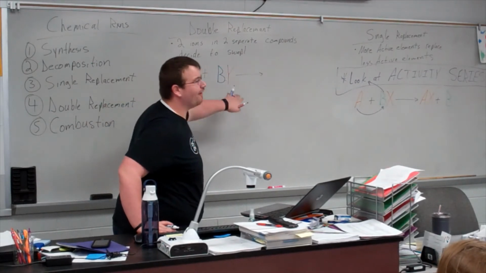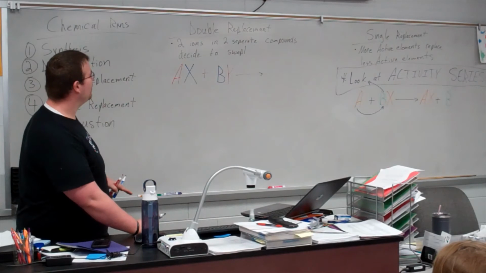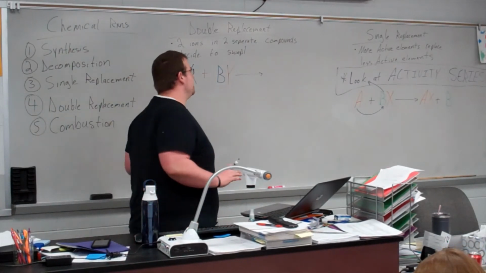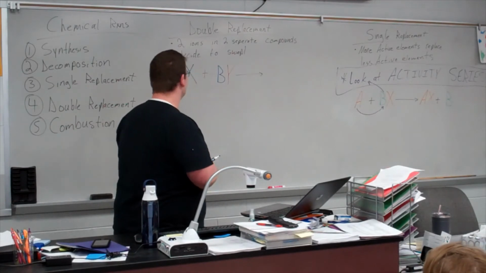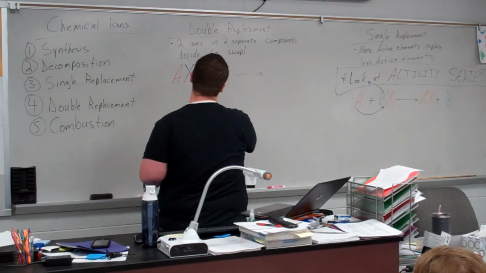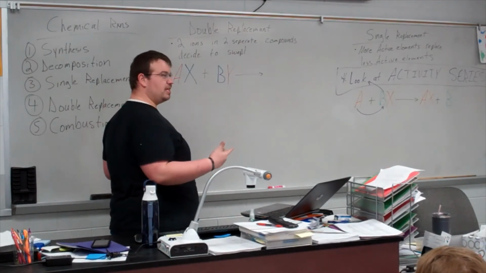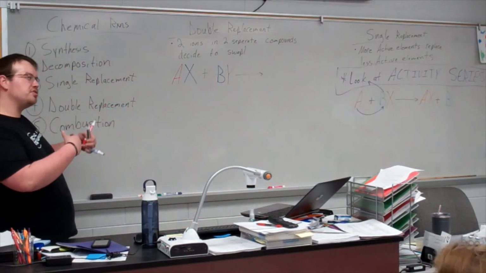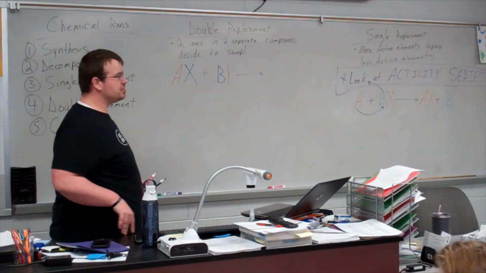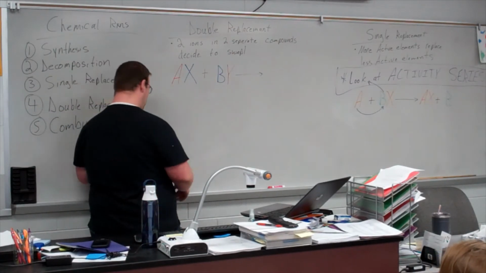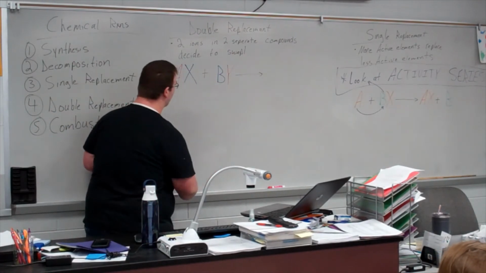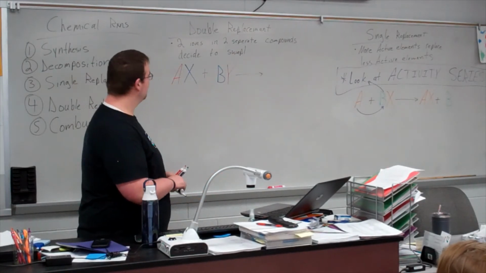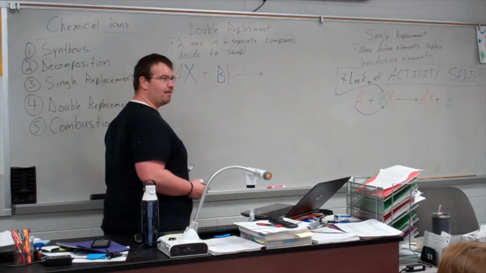Then we got B with Y together, and they're sitting there and they're kind of like, yeah, you know. Uh-oh. A really likes X. X is nice, she's cute, she's funny, she's great. But the next thing you know, he looks and is like, yo, hold up a second. Look at that Y.